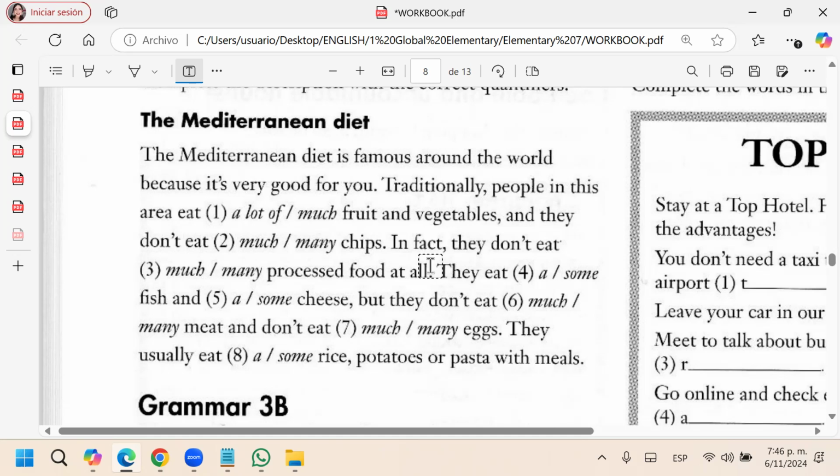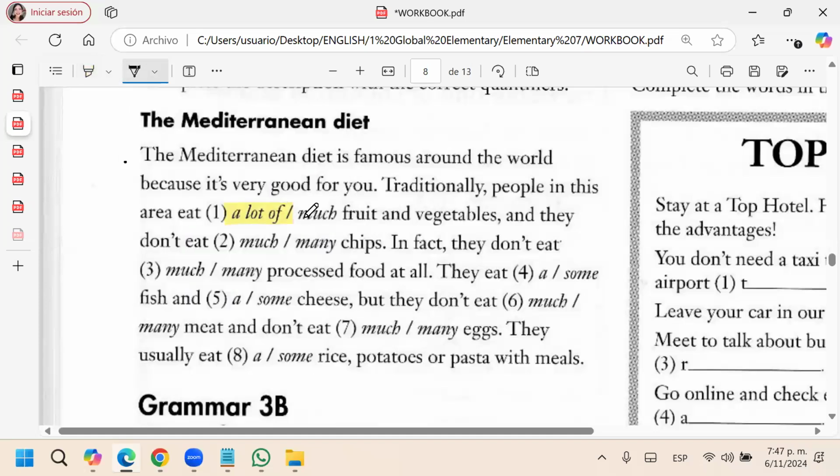They have like 90 years old because they eat really good. So we have here the Mediterranean diet. It's famous around the world because it's very good for you. People in this area eat a lot of fruit and vegetables.